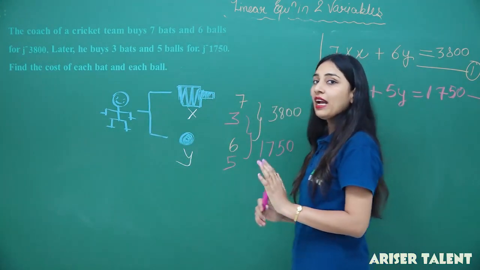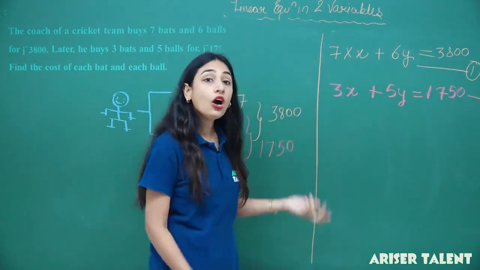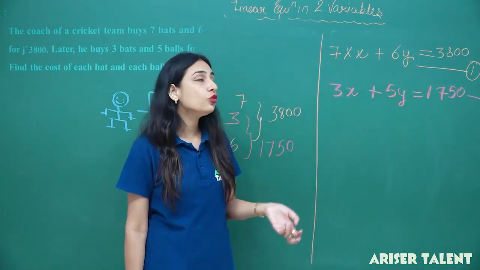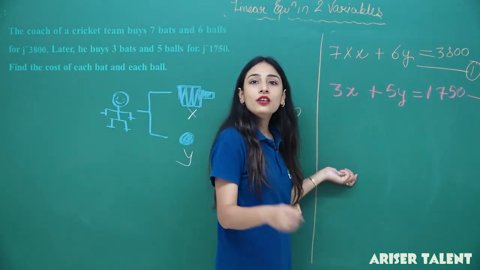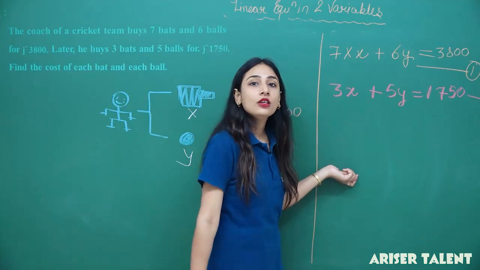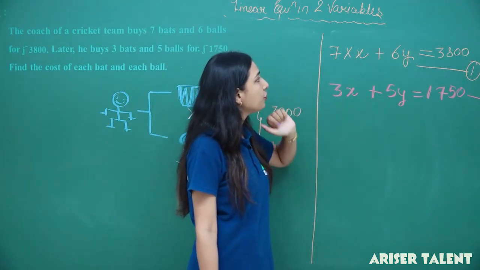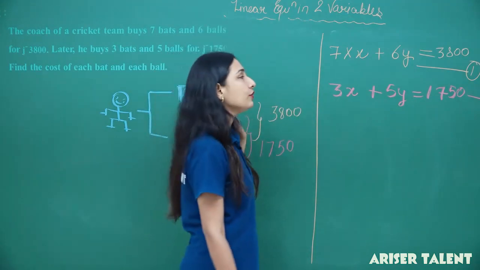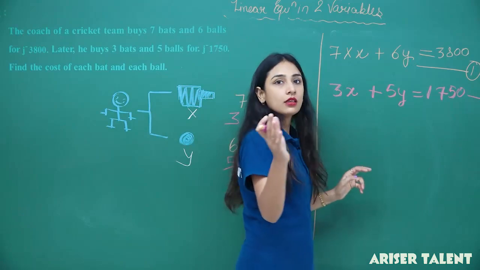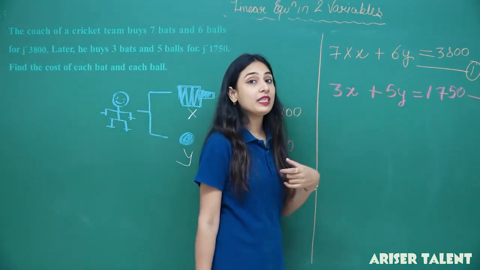Now what we have to do is just solve these equations. How will you solve it? I have told you the substitution method, elimination method, cross multiplication method. You are not bound by any method here, so you can use anything. It's my wish that I use substitution. You can cross verify it with me, and you can use the cross multiplication method.